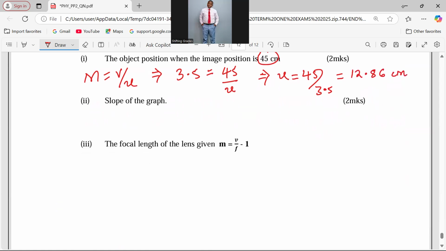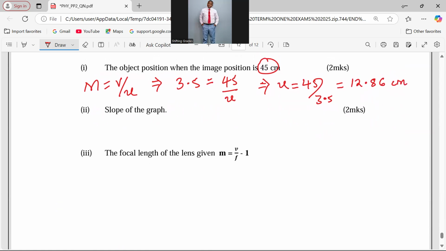Looking at part 2, we are also asked to calculate the slope of the graph. Whenever the question is about just finding the slope of the graph, it is advisable for a student to attach the units, depending on the quantities plotted on the graph.